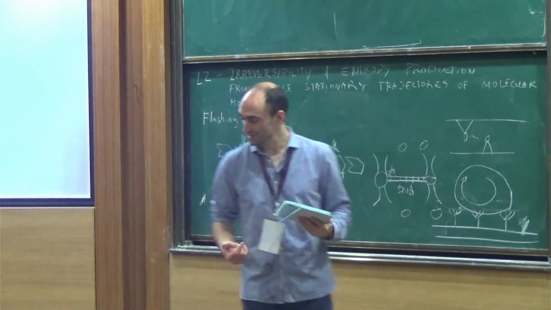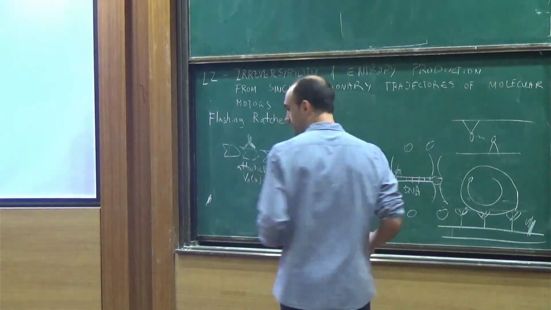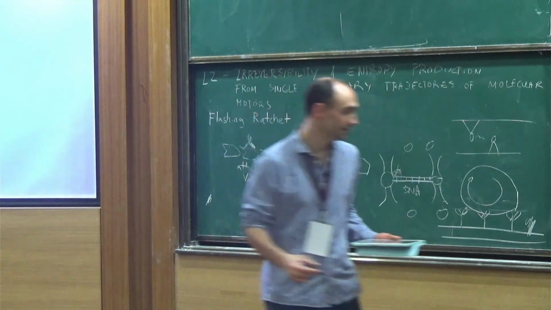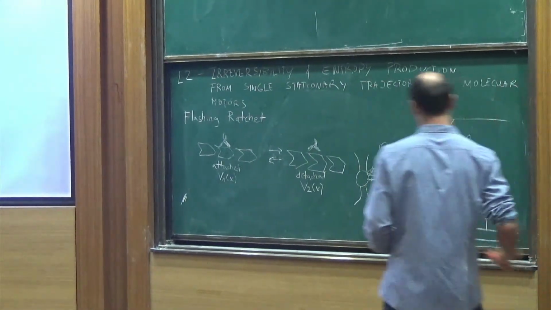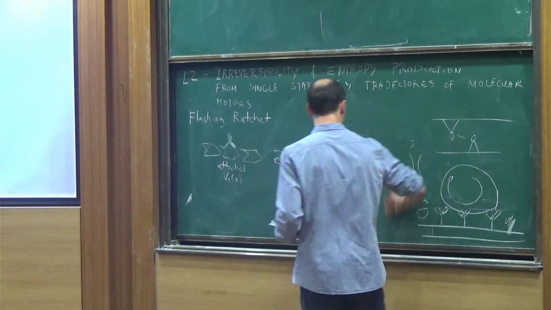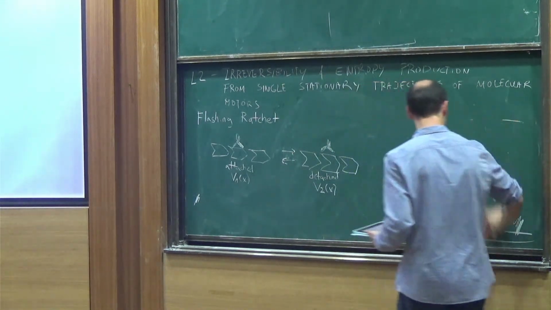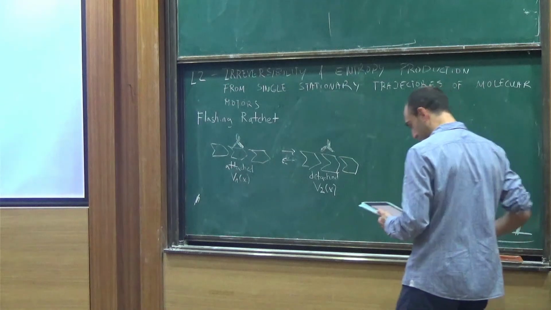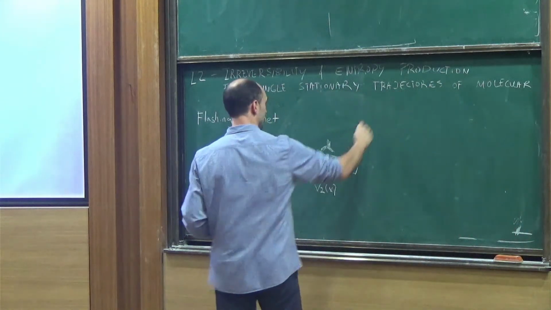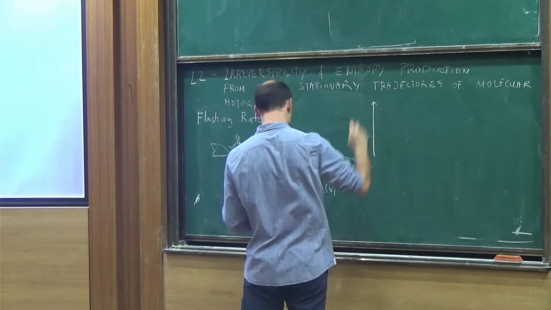This can be described with a very simple continuous model, which I will later simplify. And this model is called the flashing ratchet. In the review that I just mentioned, it's described as follows.